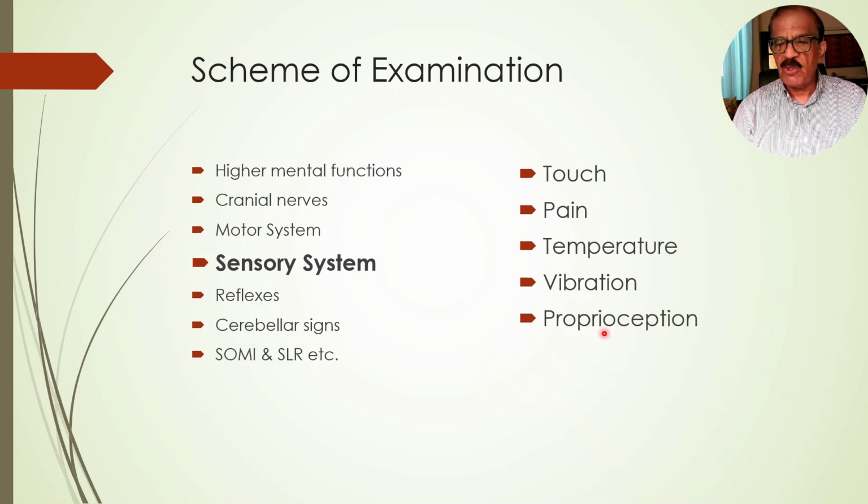Then proprioception. A normal person is able to tell the position of one's body part, and this comes from special receptors in our joints, in our muscles, spindles, and deeper structures. So I think that is tested.